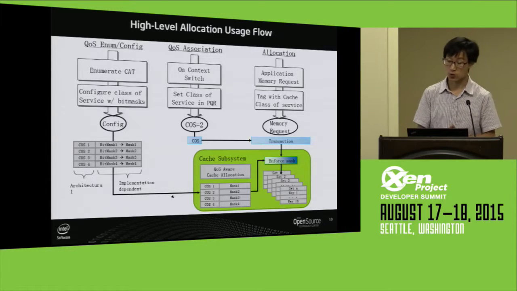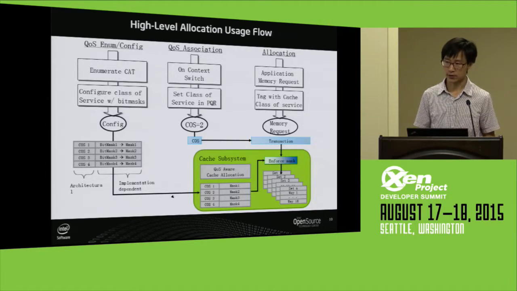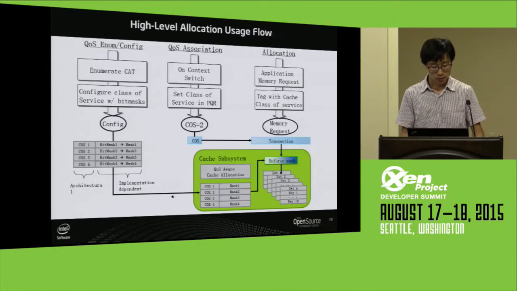Hardware supporting cache allocation technology will first divide all the cache into several equal sub-portions, and each portion has a corresponding bit in the CBM. A set bit means that portion of cache can be used by software associated with the corresponding CLOS, and a clear bit means that portion of cache cannot be used.